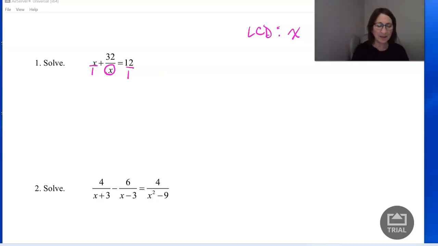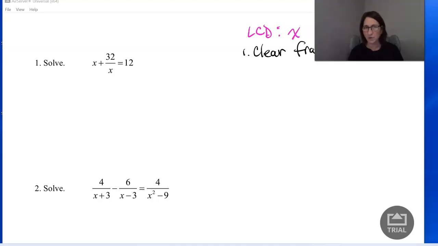So the only denominator that we have is that X. So second, we are going to clear the fractions. The way you do that is you multiply all of your terms by that LCD. So it's going to be X times X, 32 over X times X, and 12 times X.